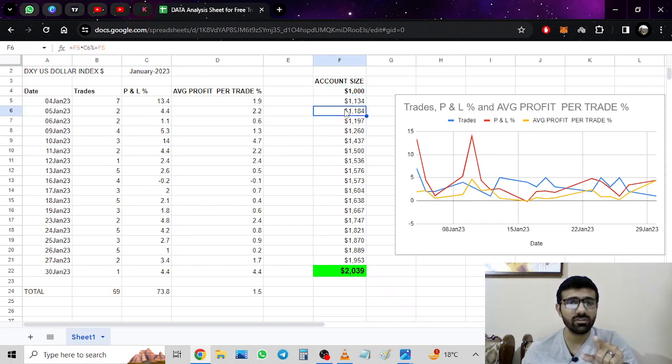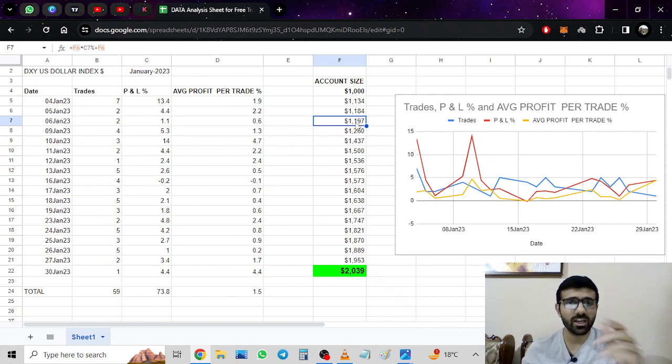And similarly, we then increased our size, and when we went, for example, for this 1.1% profit and we were at 1197, how did we make a profit on $1,184 with 1.1% profit? Okay, not on the $1,000.